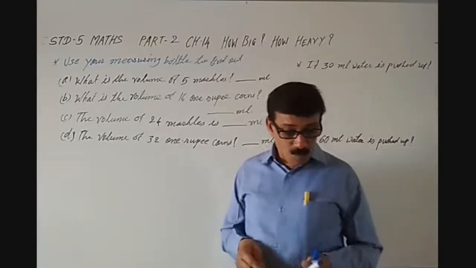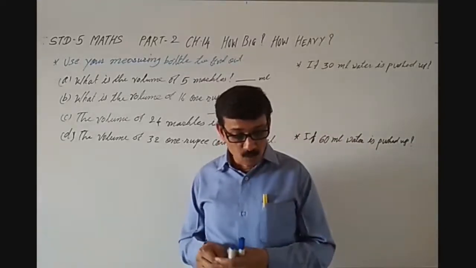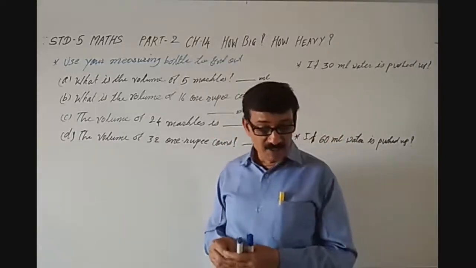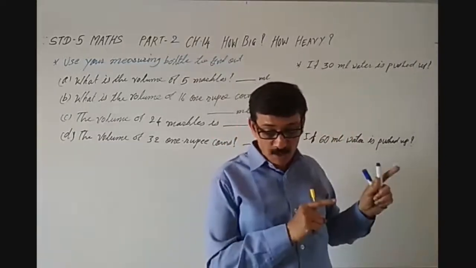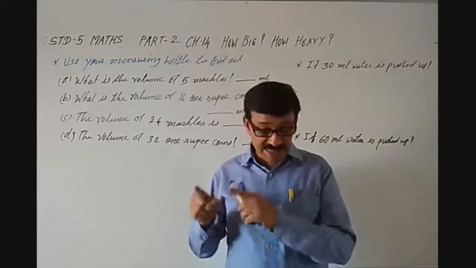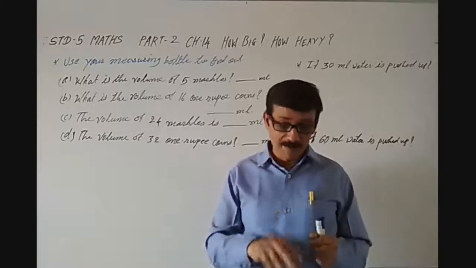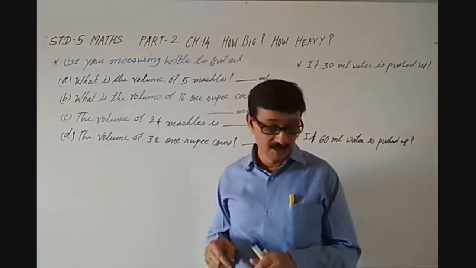Now Molly used her measuring bottle to find the volume of 5 rupee coins. She found that 9 5 rupee coins pushed up 10 ml of water. See, this is important, because there is an exercise regarding this.